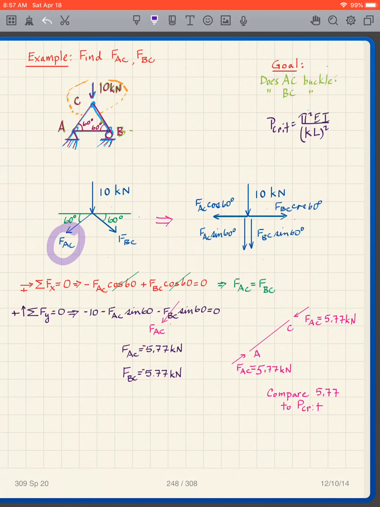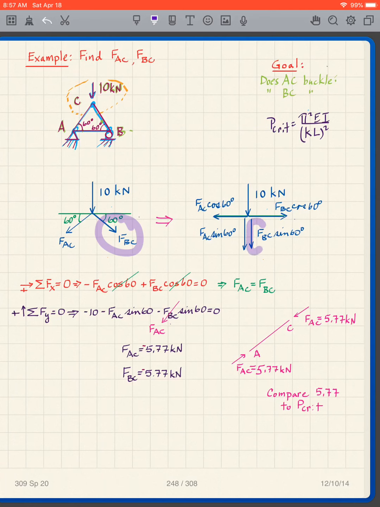For the FBC, the vertical one is going to be FBC sine 60. The horizontal one is going to be FBC cosine 60. And then you get the directions right, because notice I look at this force here, it's downward to the right.